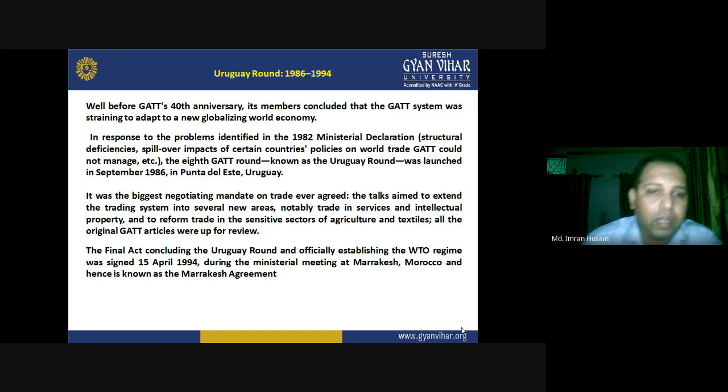The final act concluding the Uruguay Round and officially establishing the WTO regime was signed on 15th April 1994 during the ministerial meeting at Marrakesh, Morocco, and hence is known as the Marrakesh Agreement.